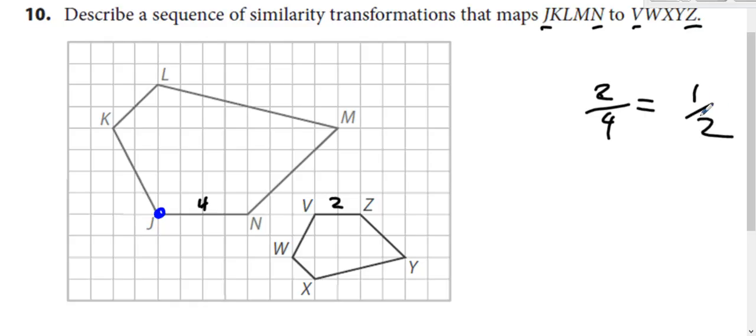So if we're going 1/2 the way from N to J, so N prime matches up halfway there. K prime is going to do the exact same thing. So K prime is going to be halfway from J to N, currently we have to go up 4 and left 2. Do half of that. Up 2 and left 1. That's where K prime will end.